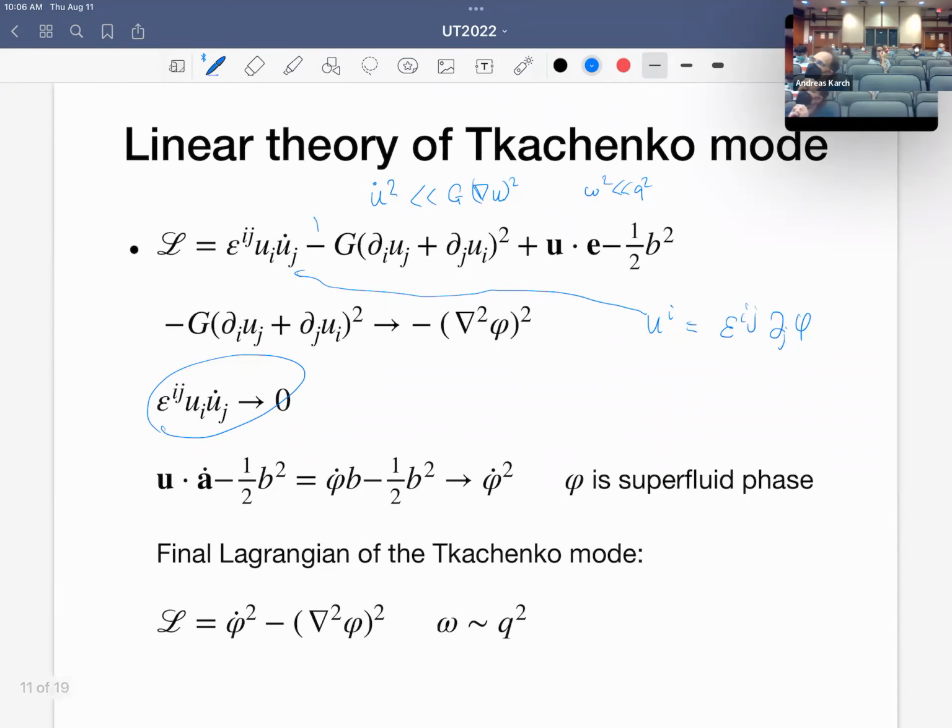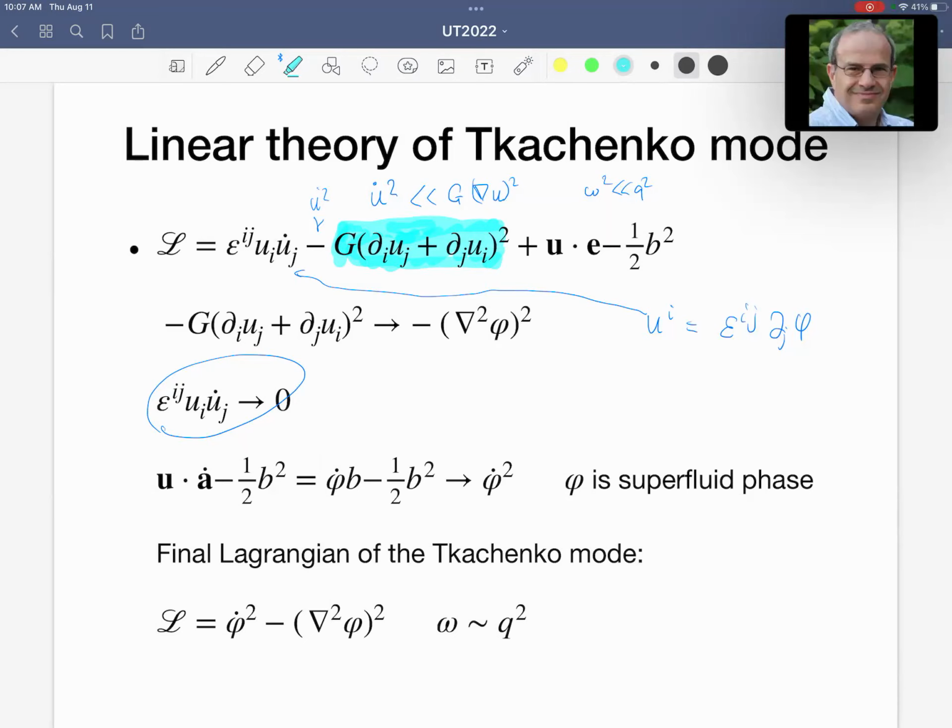We used to have the u dot squared term here, but u dot squared is smaller compared to this term. So I don't have to use the first time derivative term at all to make this argument. I just need to know that the second time derivative term in u can be neglected compared to the second spatial derivative term in the Lagrangian.